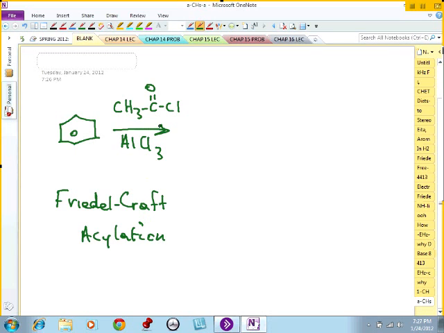Anytime you have a carbonyl group attached to an alkyl group, and that carbonyl group is attached to a chlorine atom, and then you use aluminum chloride as a catalyst, this is what you get.